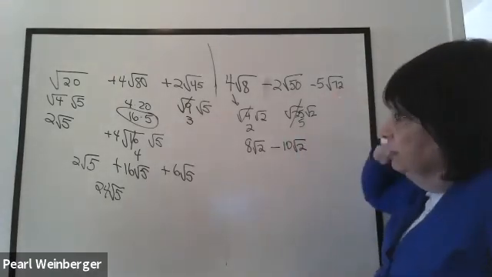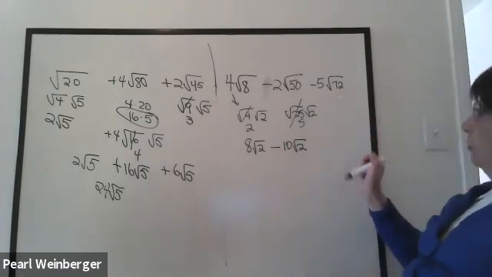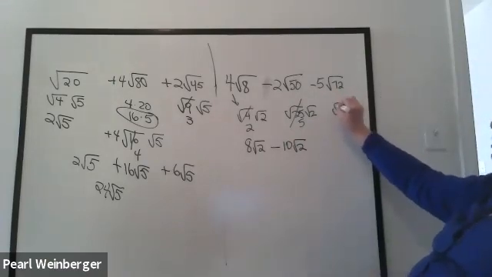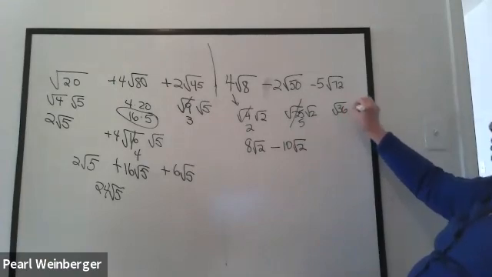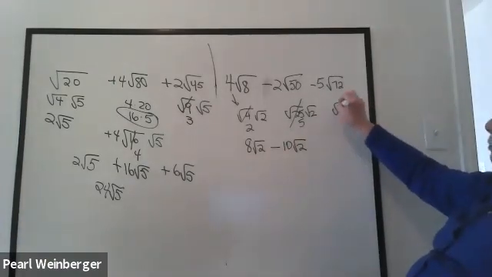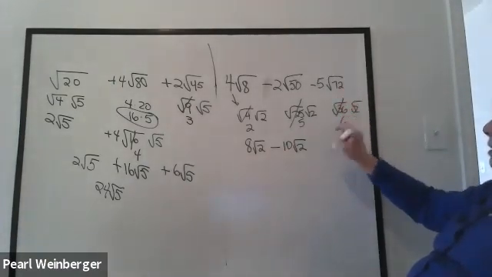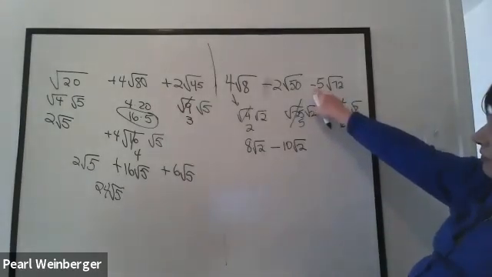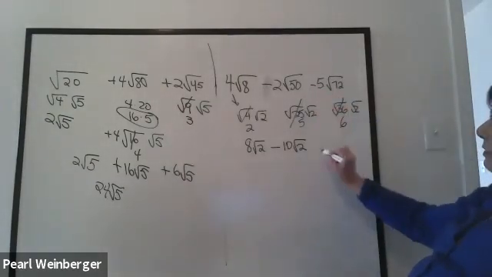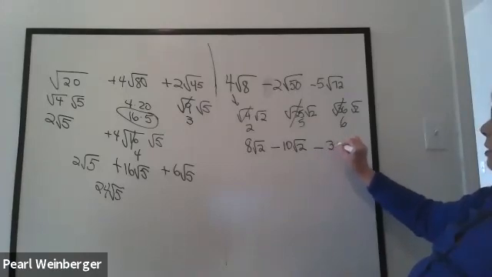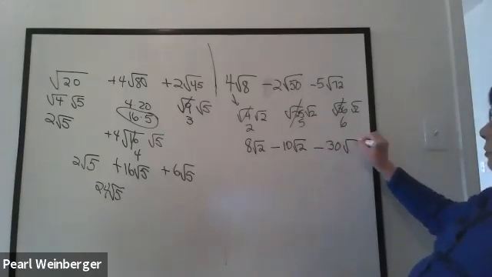And finally, the 72, we had that one before also. That's 36 and 2. And the square root of 36 is 6. But remember, there's a negative 5 in front of it. Negative 5 times 6 is negative 30 radical 2.